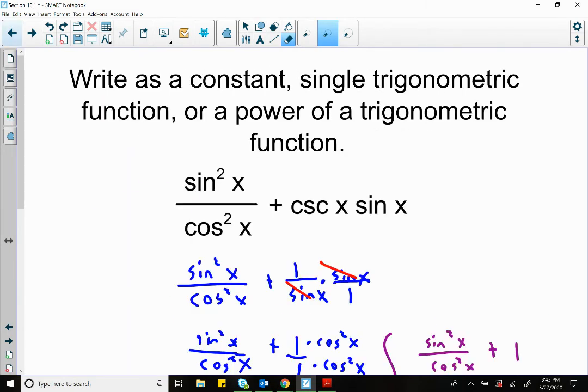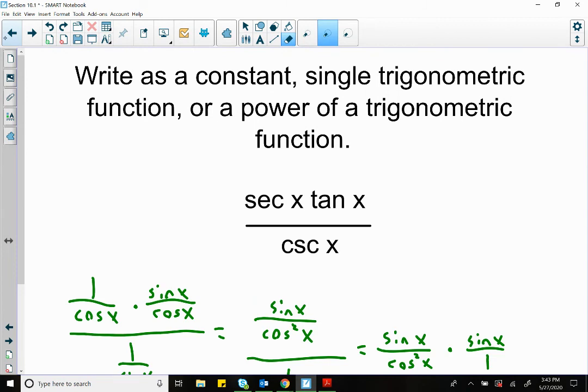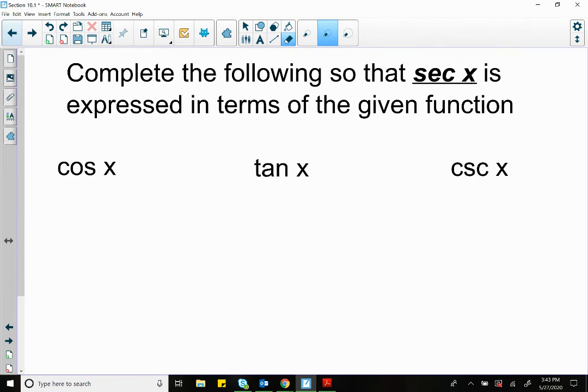So let's go back to that one problem I skipped over, and let me talk to you about what's going on here. All right, so in your assignment, it says complete the following so that secant is expressed in terms of the given function. So for each of these, they want to know, what does secant x equal in terms of nothing but cosine?